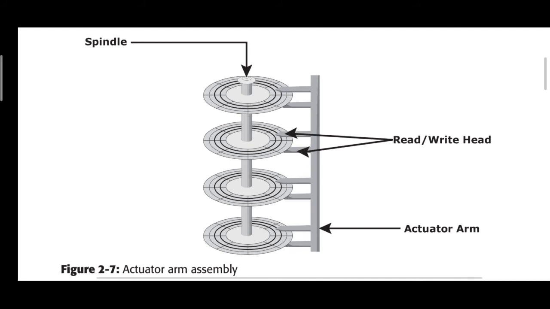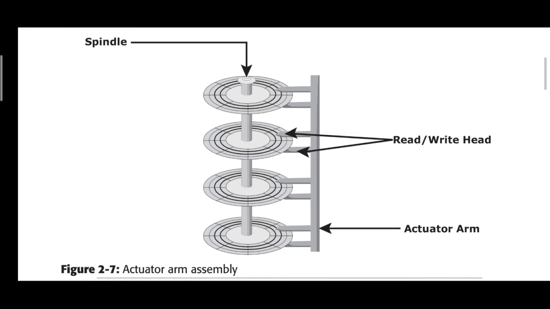The actuator arm assembly holds the read write head. Spindle causes the rotation. Because of this rotation, the different surfaces of the magnetic disk, that platter, can be easily identified. Hence, data can be either retrieved or stored.